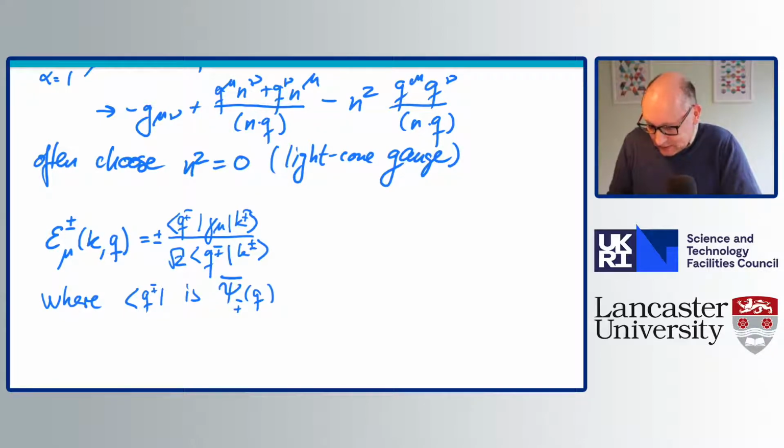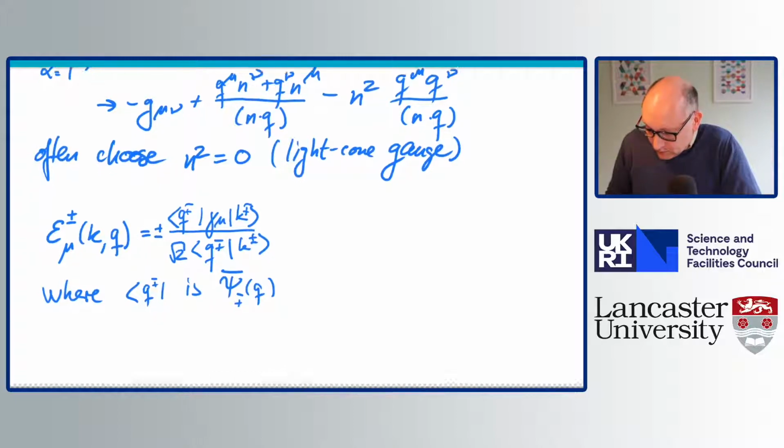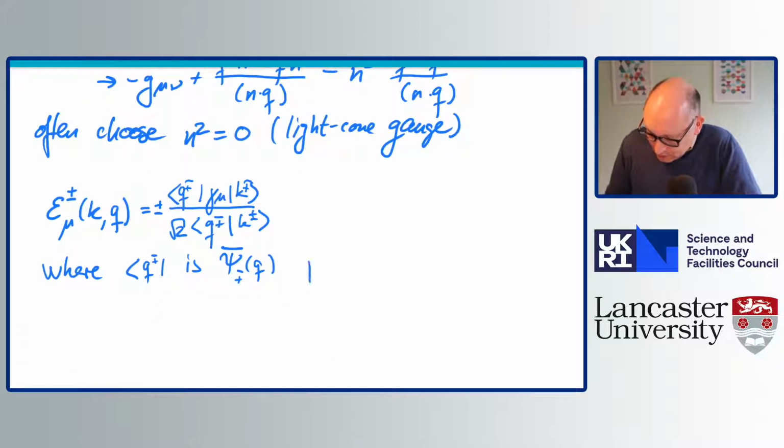So that's our row spinor. Gamma μ is a gamma matrix, and k minus plus is our spinor, ψ of momentum k, down or up.